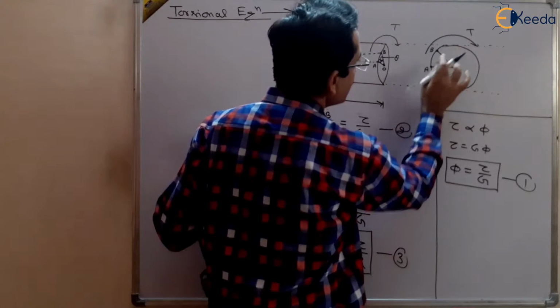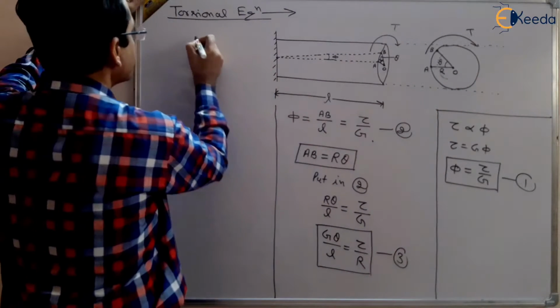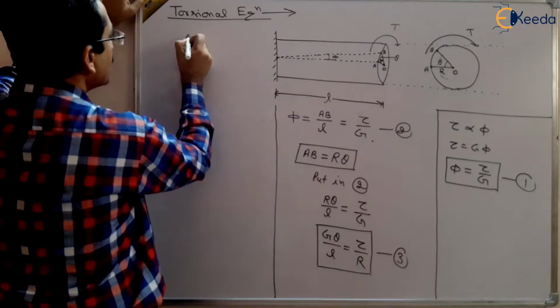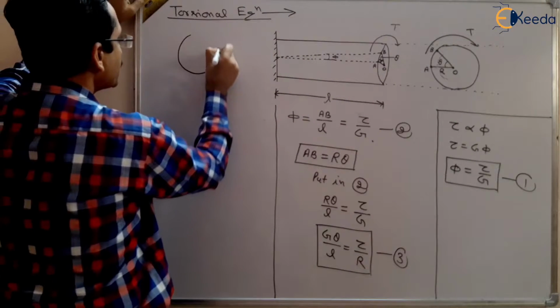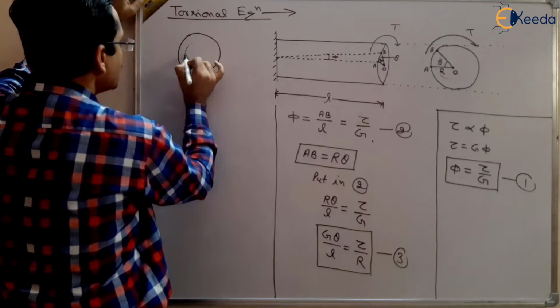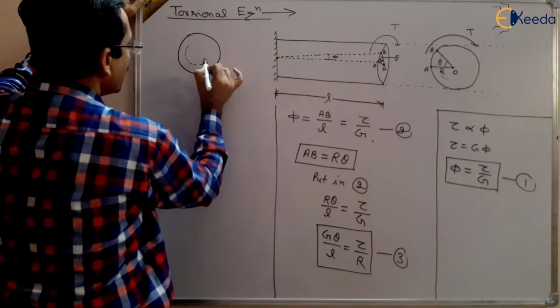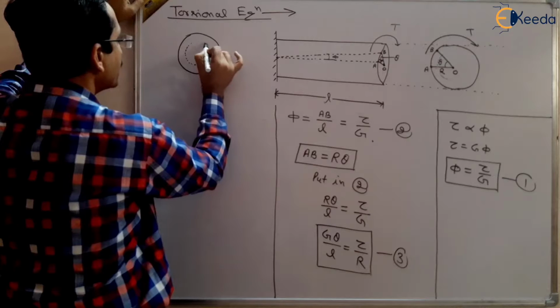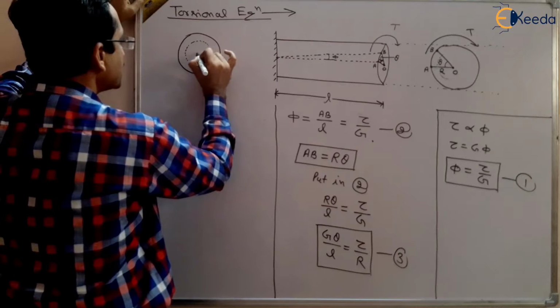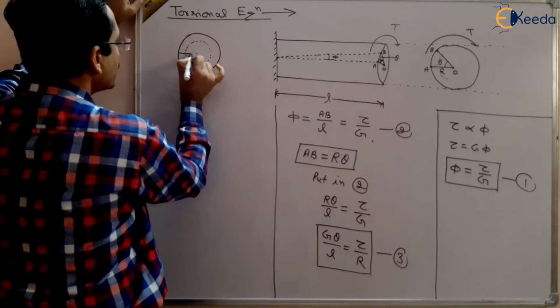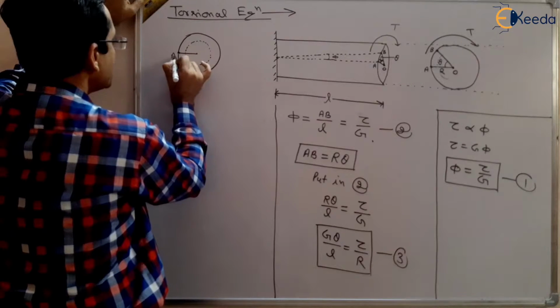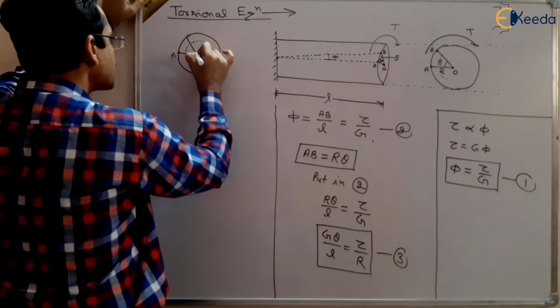It is better to draw it here, because this is also a side view. If I take another radius, suppose this is our initial condition, and after twist this is our final condition.